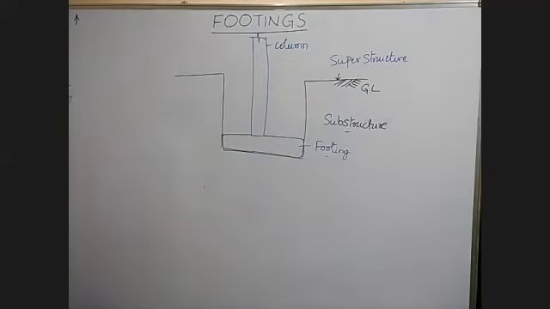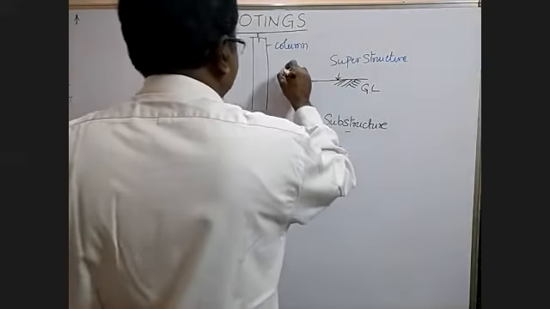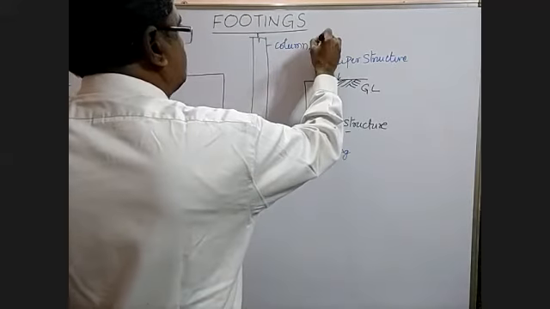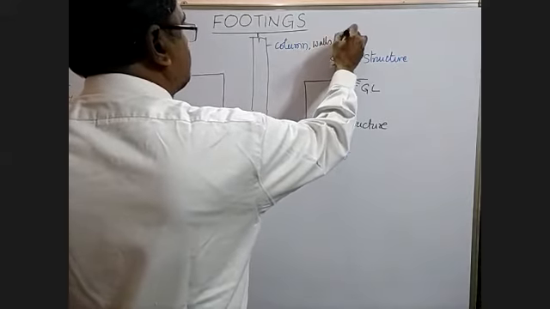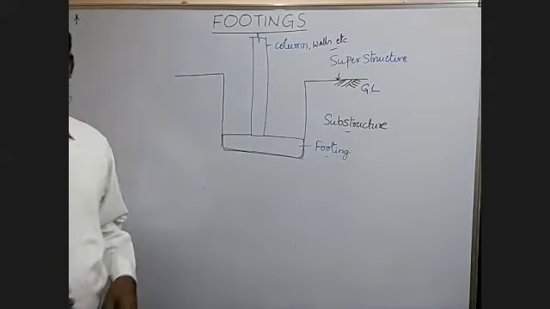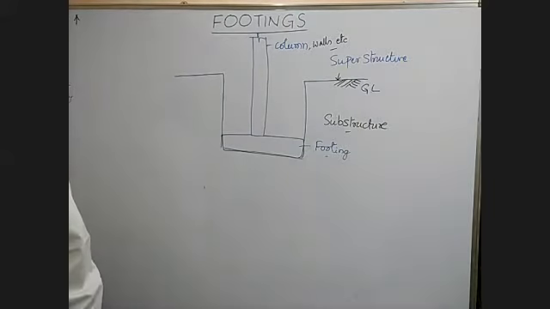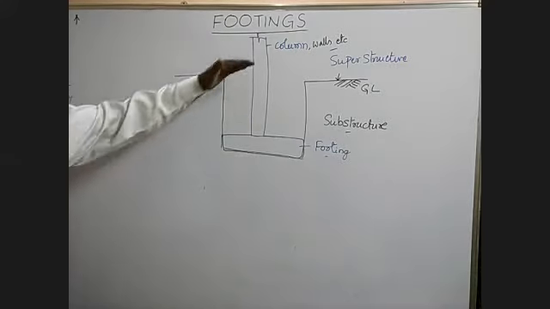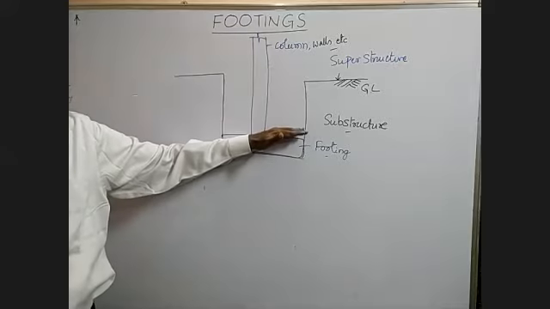Then, what is the purpose of this footing? The purpose of this footing is to transmit the load from the supporting members of the structures, like columns, walls, etc. The purpose is to transmit the load from the superstructure to the substructure.